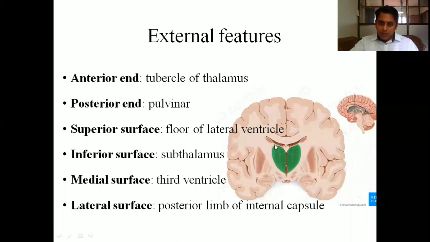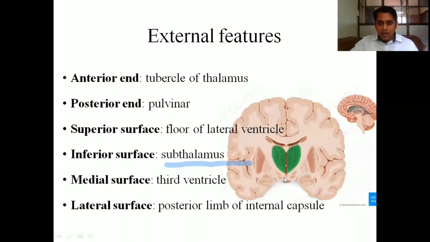Okay, now on this side you can see the lateral surface, and the thalamus is separated from the lentiform nucleus by this white fiber right here. This white fiber is the internal capsule. It is a part of the white matter of the cerebrum which carries fibers to and fro from the brain.